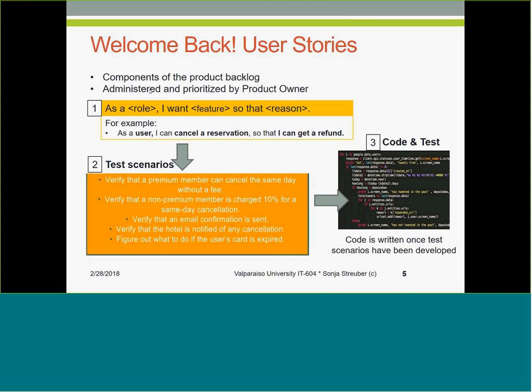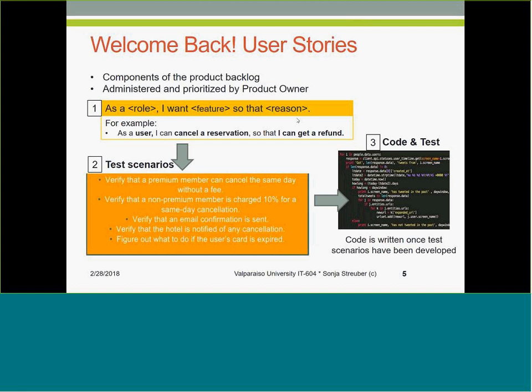As we develop a user story, it follows the grammar here as a something, I want something, so that, and then the reason for it. And then the next thing we develop right after the user story is the test approaches or the test scenarios. So we know that what we're going to test reflects the reason for the user story.